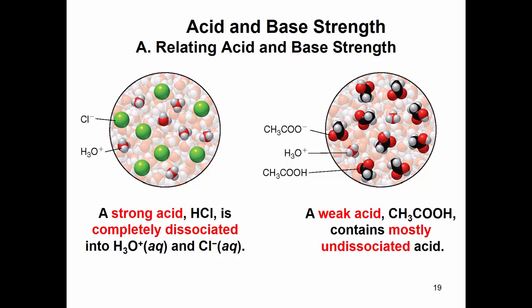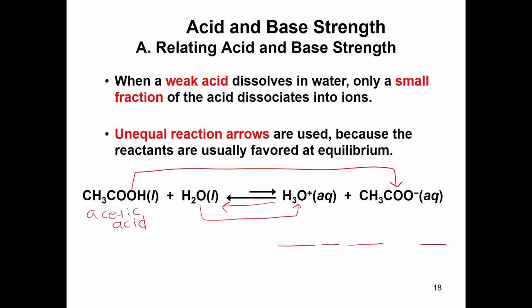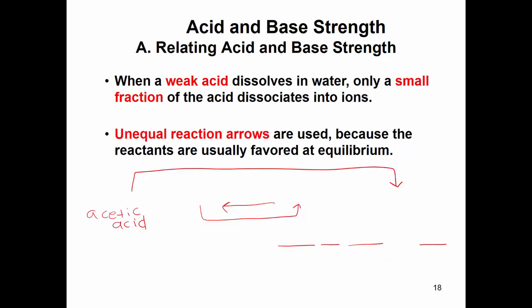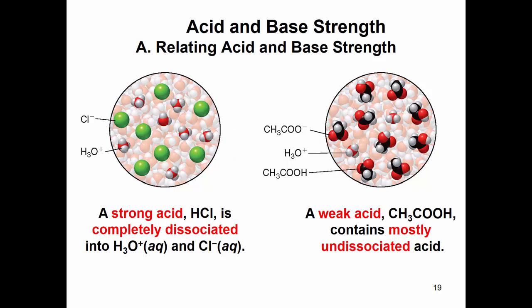If you look at this on a molecular level, on the left you see that the HCl breaks apart, and so you form hydronium and chloride. If you look back at our reaction, that's what we formed, right? That's what you should see at the molecular level. With a weak acid, the majority of what you're seeing is the acetic acid, that's a reactant.